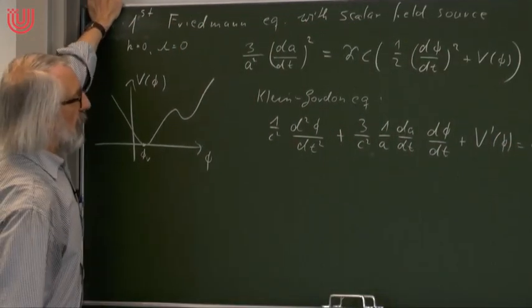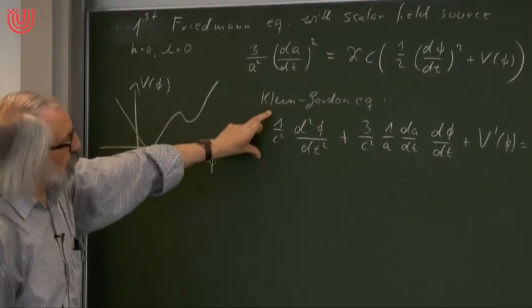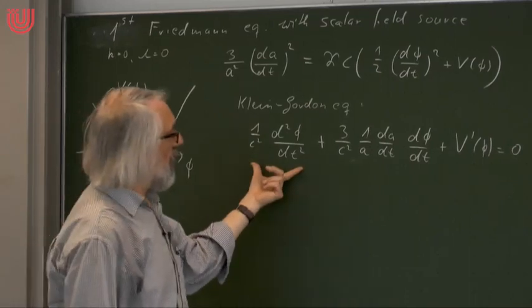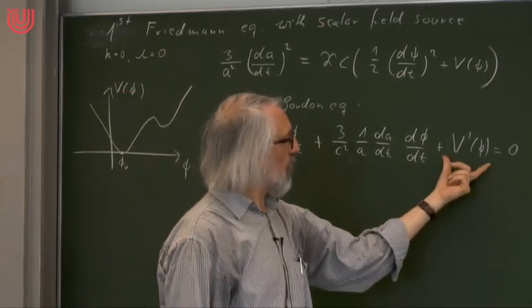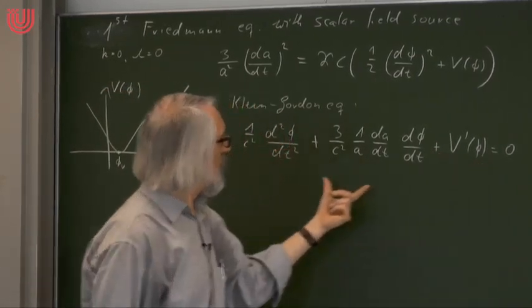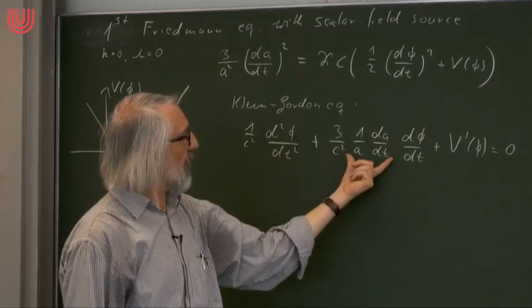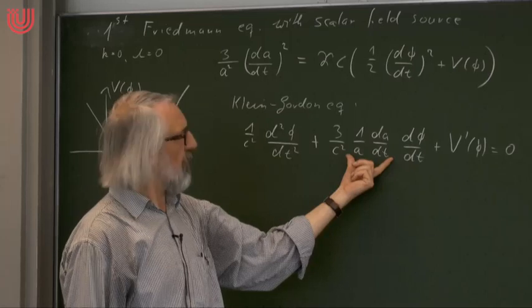I've already emphasized that this equation looks like an equation for a particle in classical mechanics. So here you have the acceleration. Here you have the driving force. The force is produced by a potential. And here you have something like a damping term, and the damping is governed by the Hubble function.